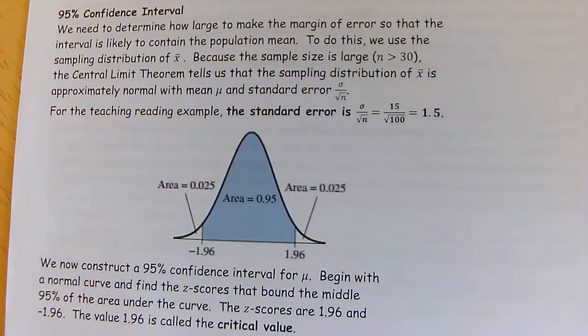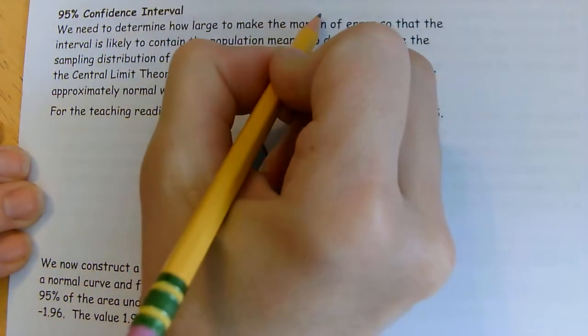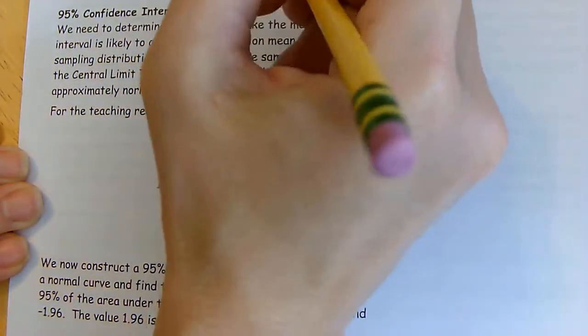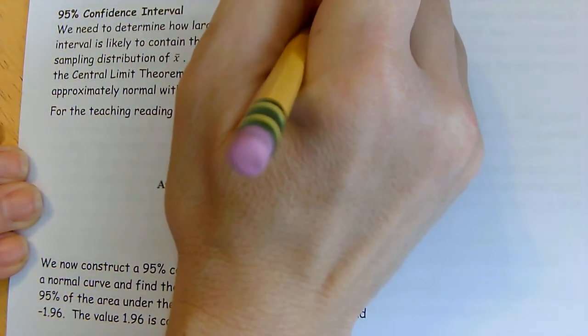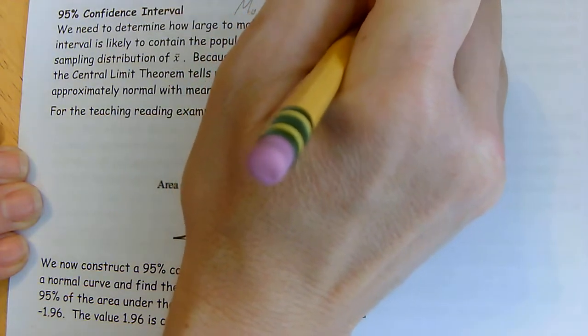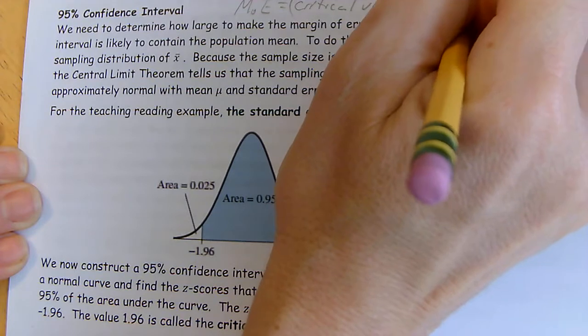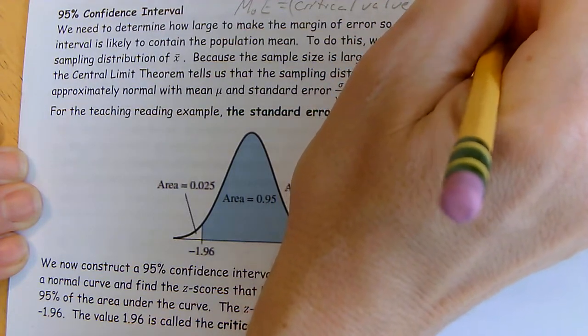Alright, so it's all about this margin of error that we're calculating. The margin of error is going to be the critical z-value times the standard error.